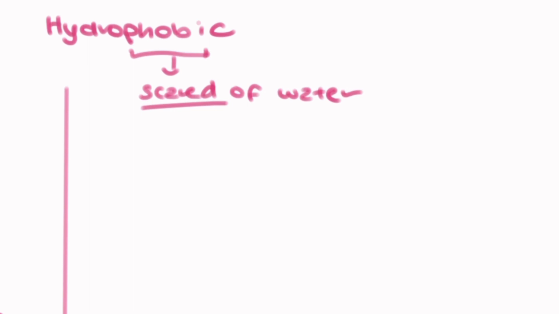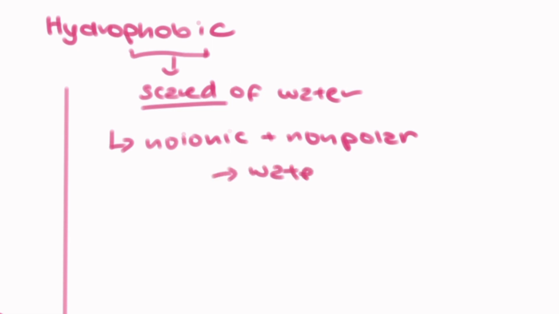And typically, well, all the time, they're non-ionic and non-polar. What this means is that there are not going to be regions with partial or full charges, and so water doesn't form hydrogen bonds with these.